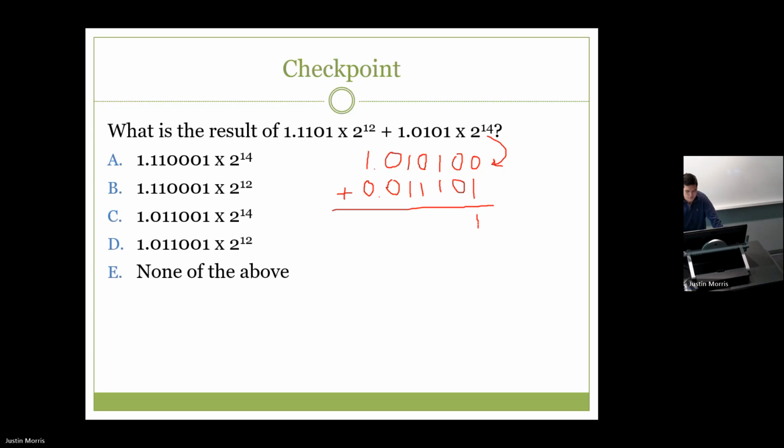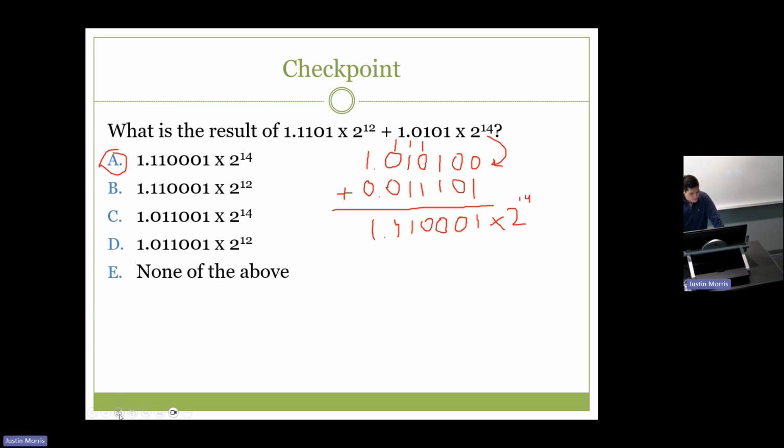So 0, 1, 1, 0, 0, 1, 1, 1, 1, 1, 1, 1, and then 1, and then 1, and then we have to remember this, right? So we're looking for this number, and that is it.